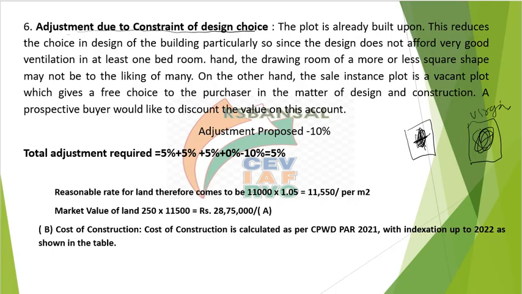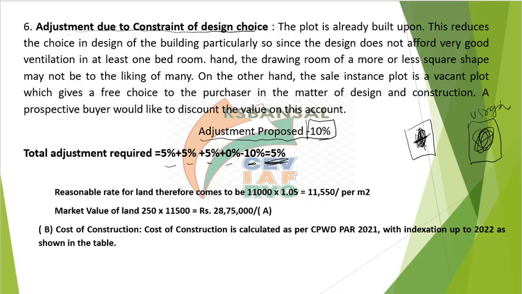So for that, we will assume a minus 10% adjustment. These are certainly arbitrary percentages which you can assume according to your experience and the site inspection. So the total adjustment required for all these things is plus 5, plus 5, plus 5, 0, minus 10, total 5%.